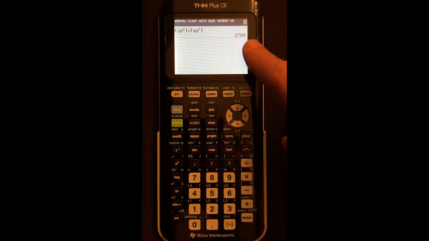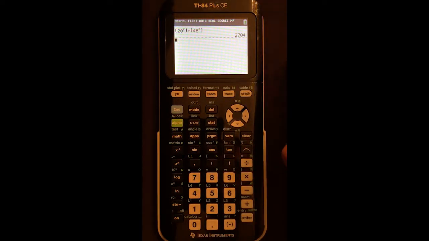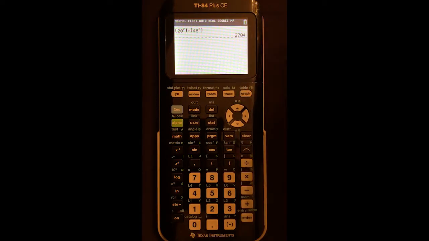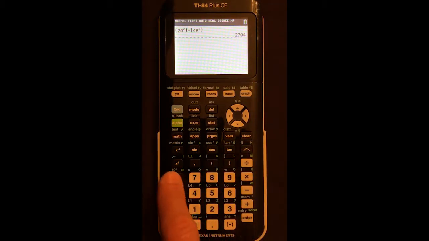But the Pythagorean theorem says that the sum of the squares of the sides is equal to the square of the hypotenuse. In other words, this value corresponds to the square of the hypotenuse. So we need to take the square root to know what the hypotenuse actually measures. To get the square root, remember it's the second function and the root symbol above the x squared key.